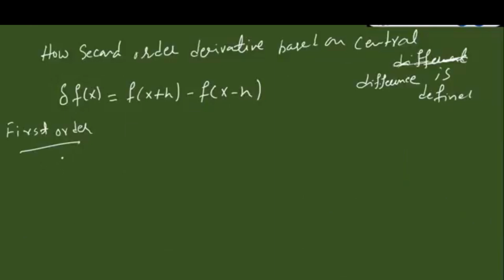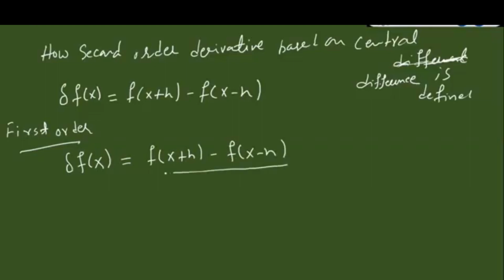So a very simple idea. Let's say f prime of x is equal to this quantity, f of x plus h minus f of x minus h, divided by, what I do, I will divide it by 2h.